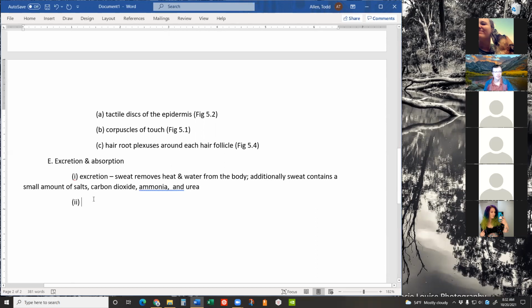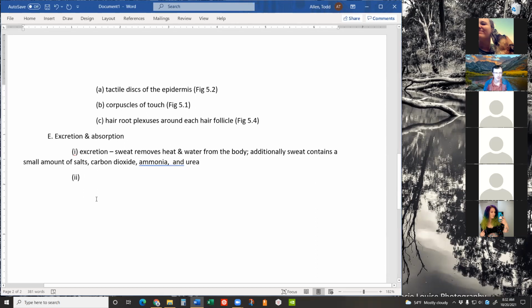Okay, so we have some sweat excretion from the body. Now, absorption is the other capability of our skin. When we absorb things, the skin's anatomy is capable of absorbing lipid-soluble materials.